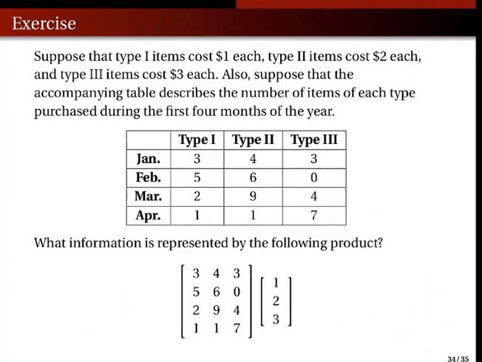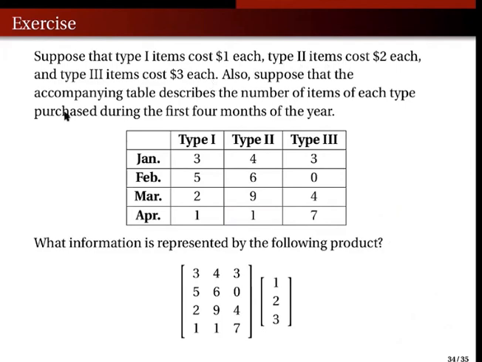And for this one, let us see. Suppose that type 1 items cost $1 each, type 2 items cost $2 each, and type 3 items cost $3 each.